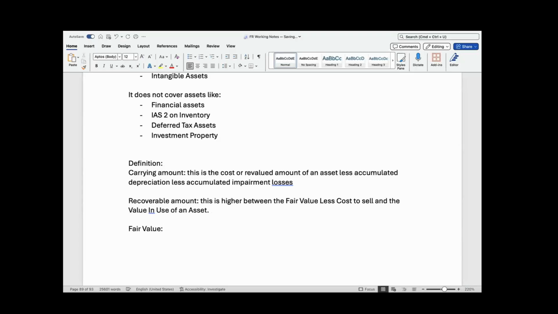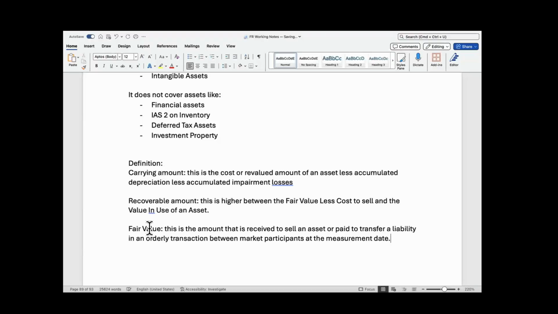And you know that fair value is the amount that is received to sell an asset or paid to transfer a liability in an orderly transaction between market participants at the measurement date.